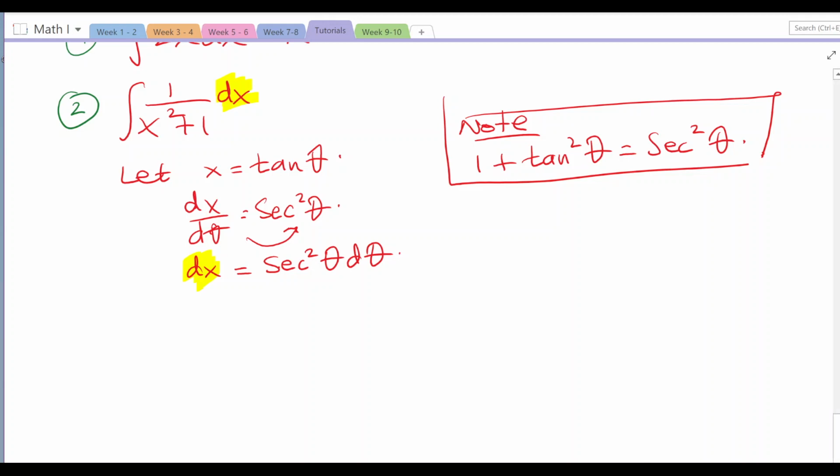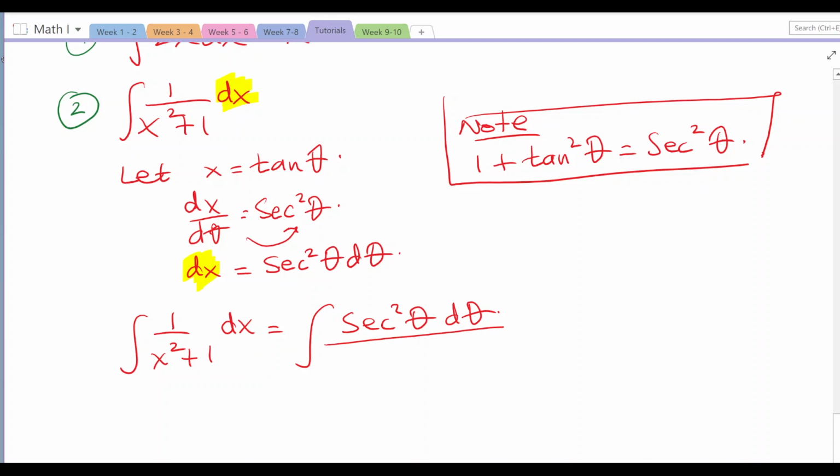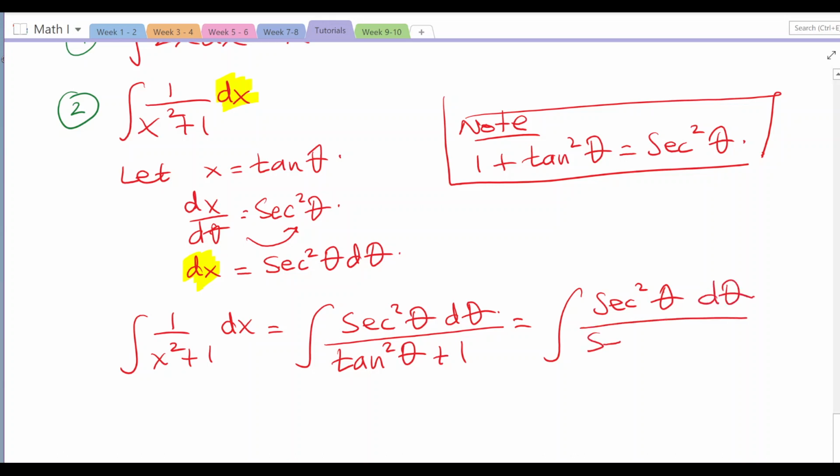So the original problem, integral of dx over x squared plus 1, becomes integral of secant squared theta d theta over tan squared theta plus 1, which is the same as sec squared theta d theta all over, you know that tan squared theta plus 1 equals secant squared theta.